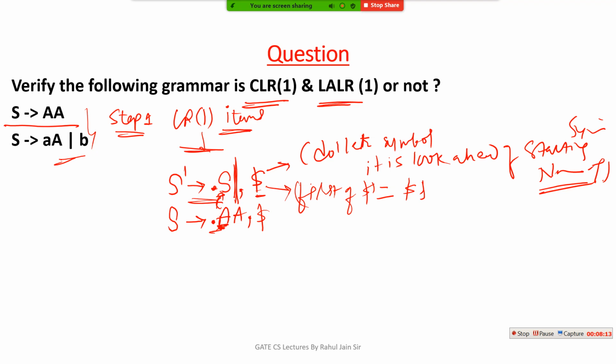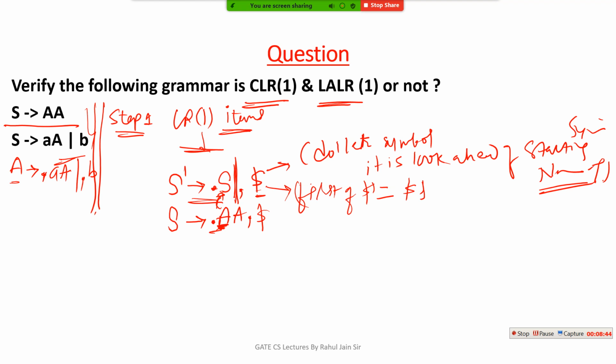Now next I need to add the transition. Okay, the grammar is incomplete. I need to add A derives dot A and dot B. Okay guys, in the grammar it is A derives A and B. It is the complete grammar now, because we had forgotten to write the transition of A here.